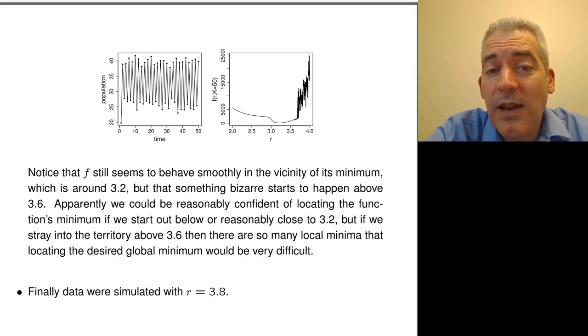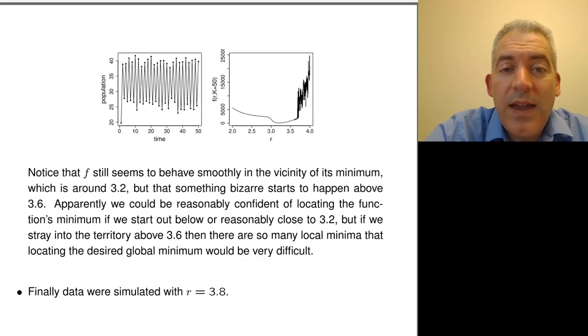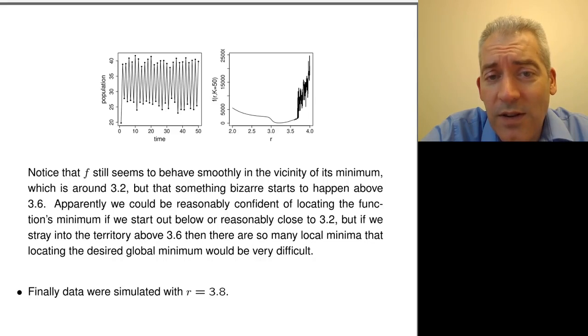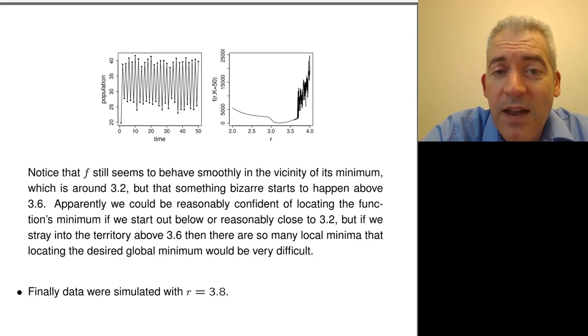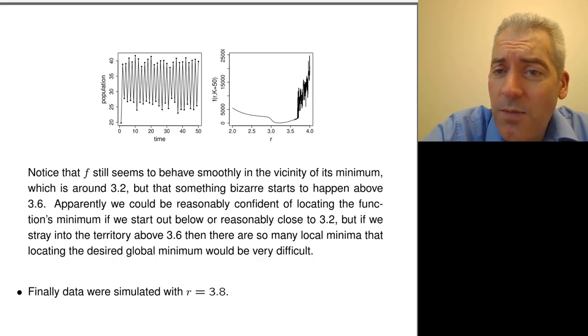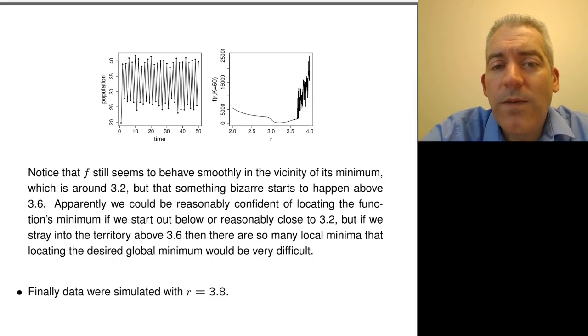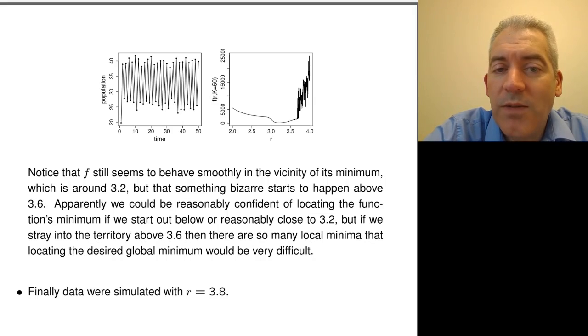Now, fortunately, our minimum value is around about 3.2, which is good, right? So if we set off our optimization procedure for any value smaller than, say, 3.5, then actually there'd be a good hope that if we headed downhill in a sensible way, we would find that optimum at around about 3.2. So it's not terrible.